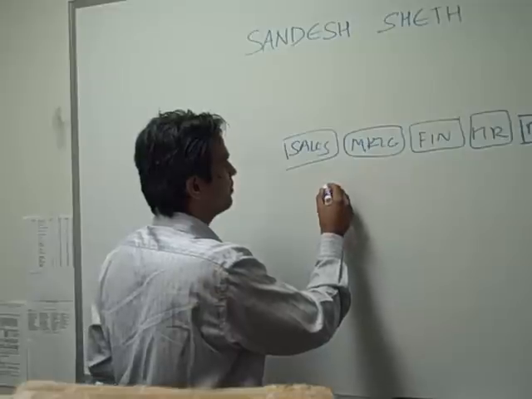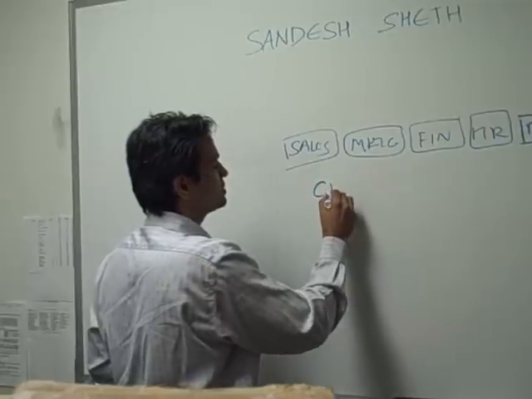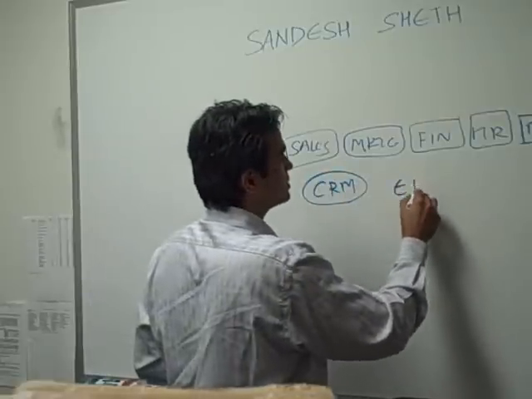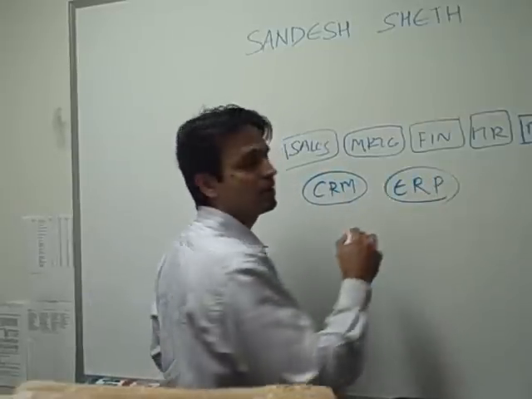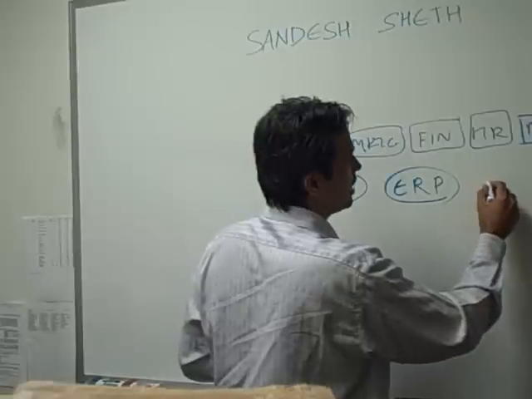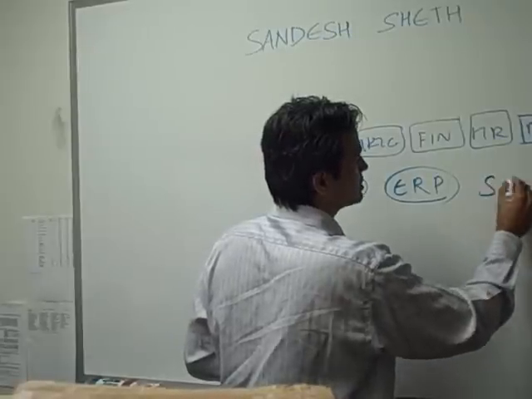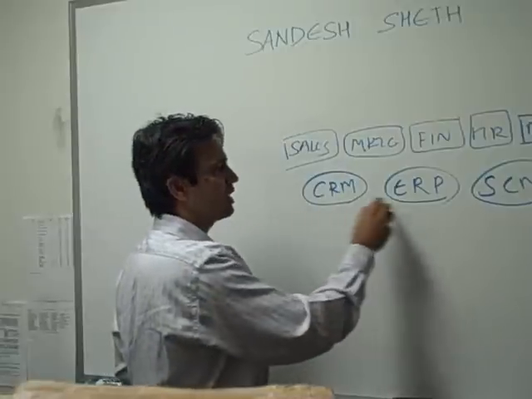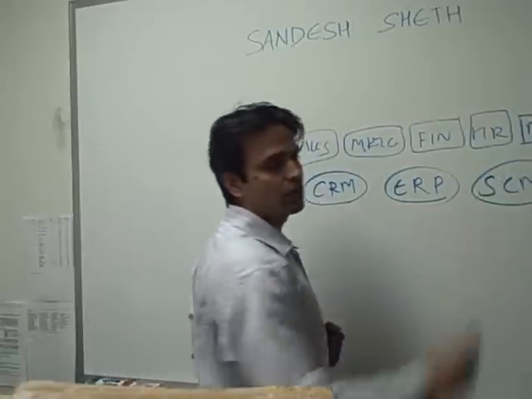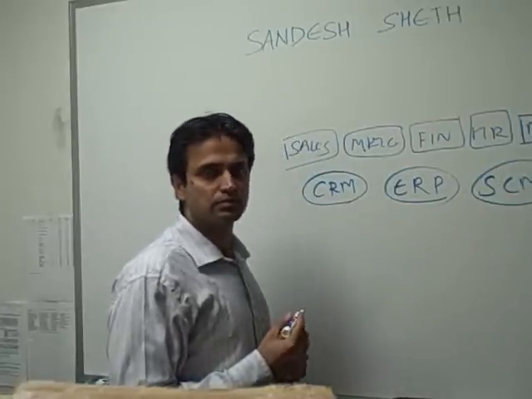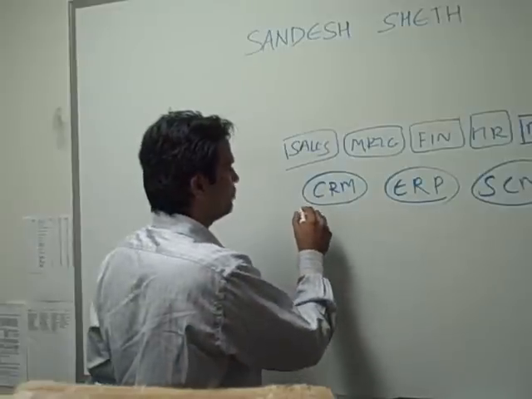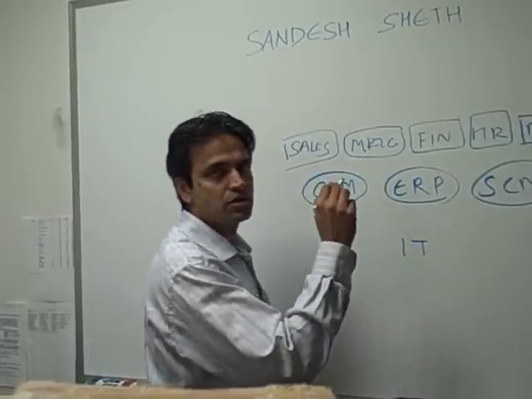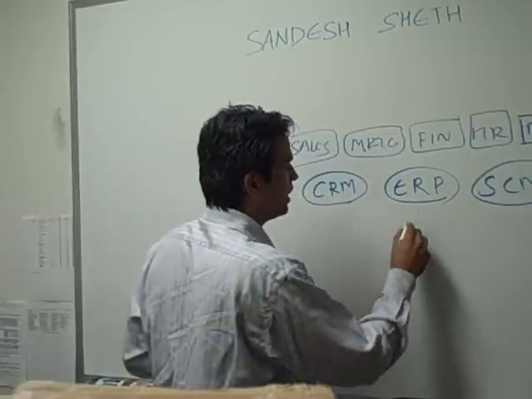So we have CRM applications, enterprise resource management applications, and supply chain management applications, customer side and within the organization with respect to the vendor. And all of these are hosted, run, maintained and developed by the IT.